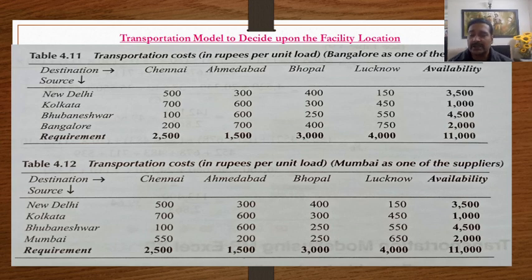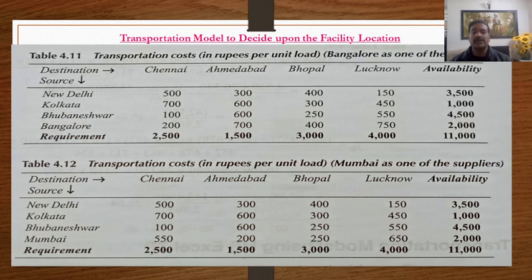And at each destination there is demand: at Chennai 2500, at Ahmedabad 1500, at Bhopal 3000, and at Lucknow 4000 units.